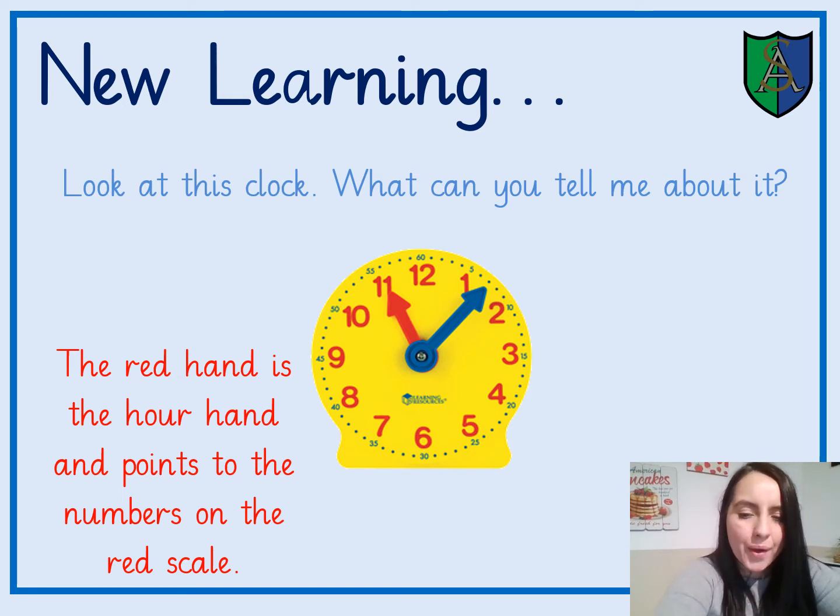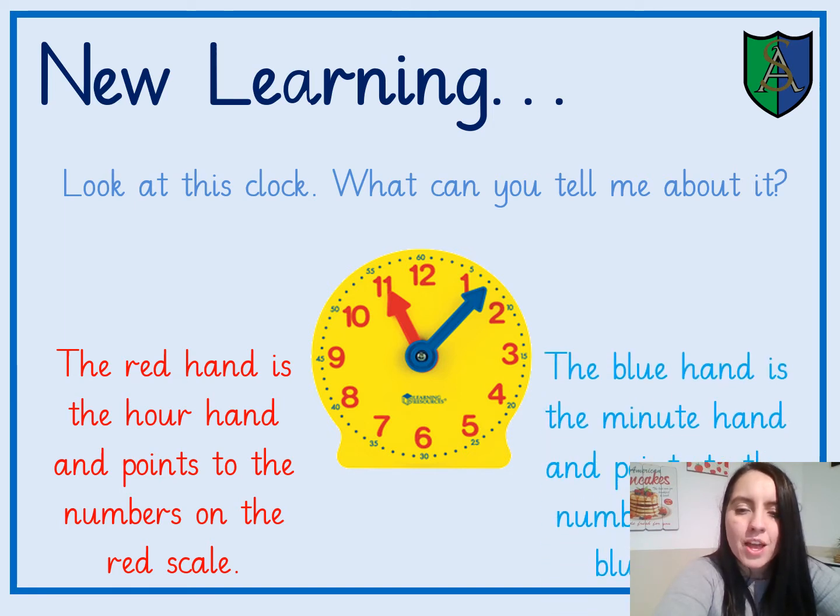Well, if we know about the red hand, what about the blue hand? The blue hand is the minute hand, and it points to all of the numbers that are in blue on the clock. Now I know that you might not be able to see it very clearly on there, but in between each of those numbers on the hours, so here, these numbers in between, there are little blue dots.